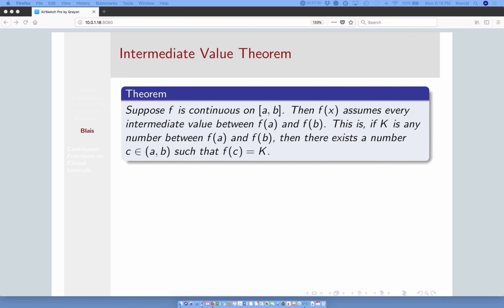Okay, complicated sounding theorem. But if we draw the picture, it will be much clearer. So we have our interval [a, b], and let's say that this is f(a), this is f(b), just as an illustrative example.